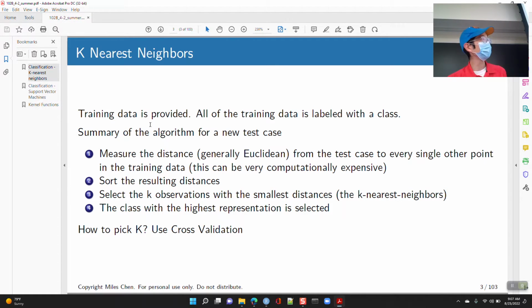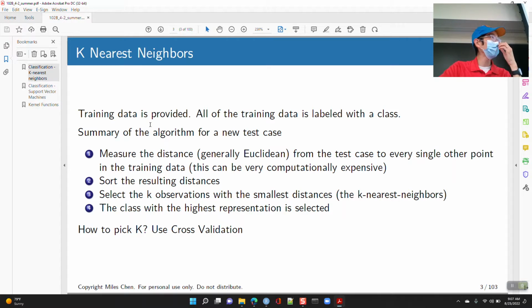This is where the nearest neighbors name comes from: you select the k observations who are the closest, the nearest neighbors, to your test case. Basically each of those neighbors gets a vote, and the class with the highest representation will be your selected class.